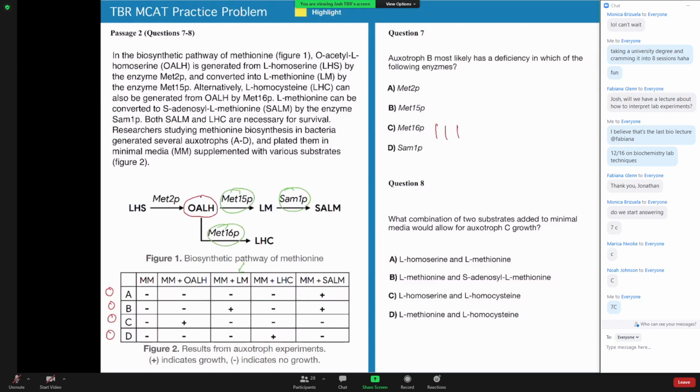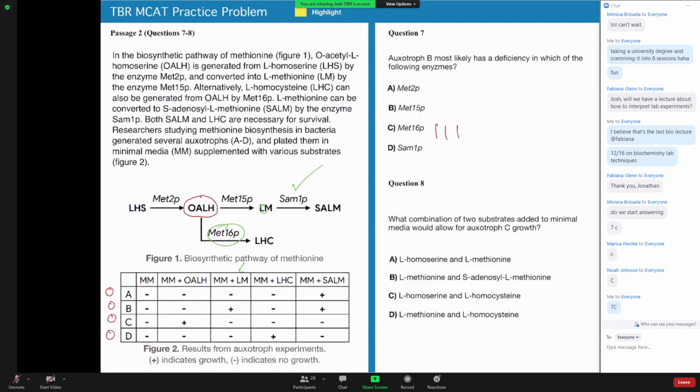So, right, we've moved on to LM, and you've added this, and the metabolite grows. Okay, what does that mean? It means that, let me erase this, it means that for sure, SAM1P, the cell has SAM1P because you go from LM to SALM, okay?